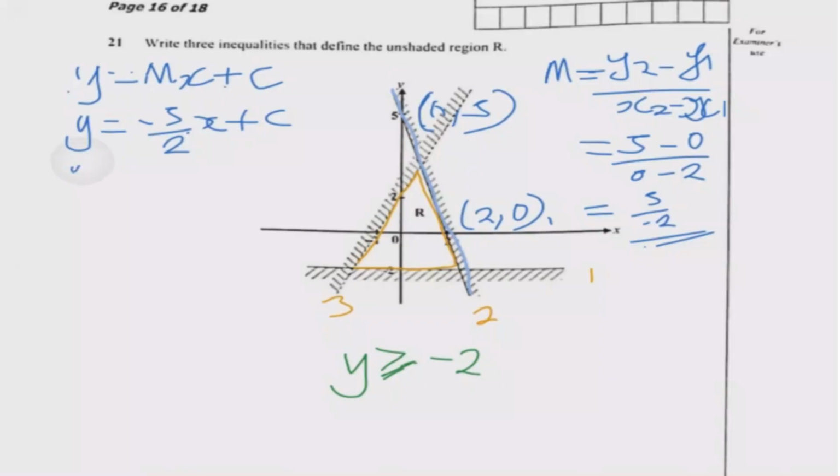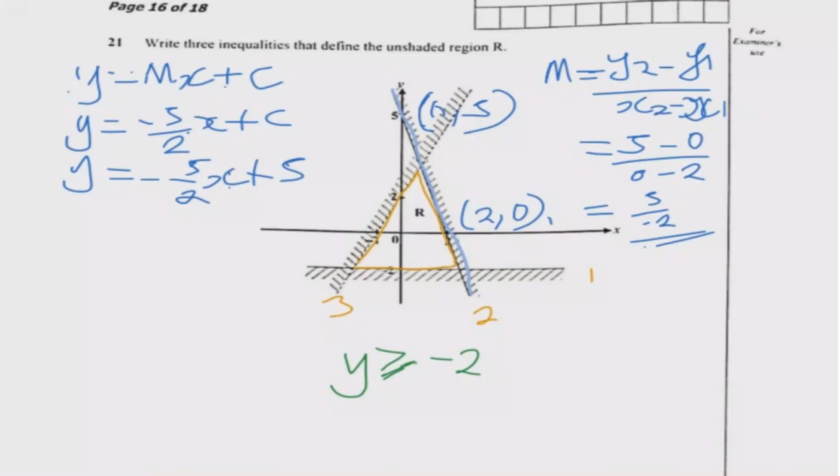So we can say y is equal to negative 5 over 2 x plus 5. The negative sign should not be on the 5, let me write it properly. We said the constant is 5, so where there is c, we put the constant 5.